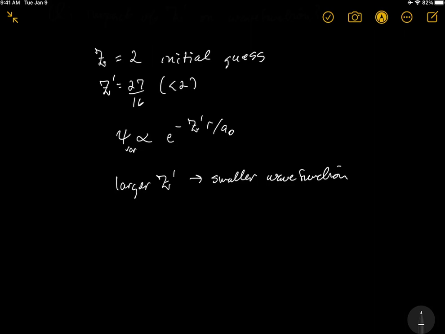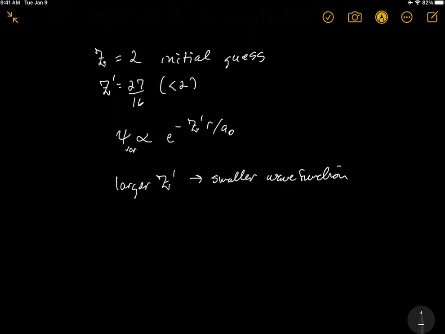So essentially, when we started off by ignoring electron-electron repulsion, at least for calculating our wave function, in the previous lecture, our wave function had Z equals 2.